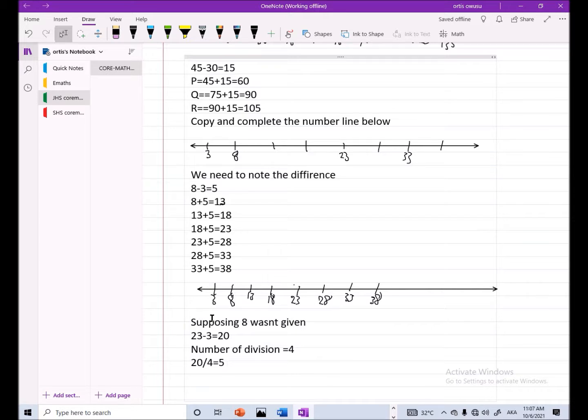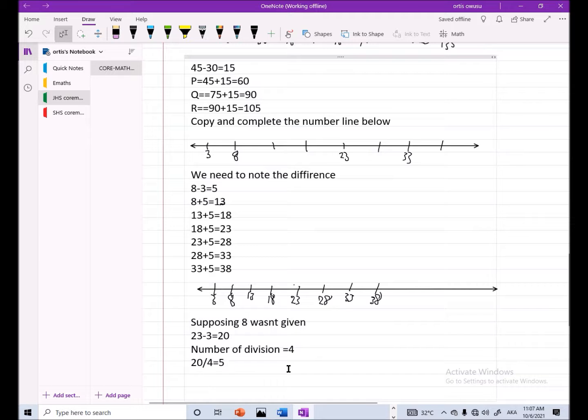Then we bring it. Supposing 3 is not given, 8 is not given, 23, 33, the same thing. So 33 minus 23 divided by the number of divisions.